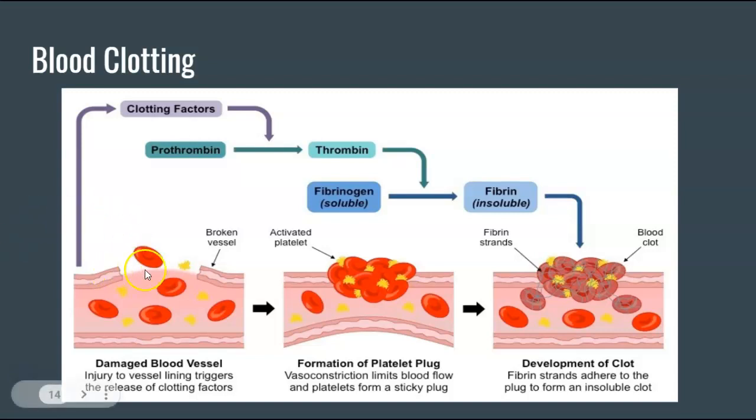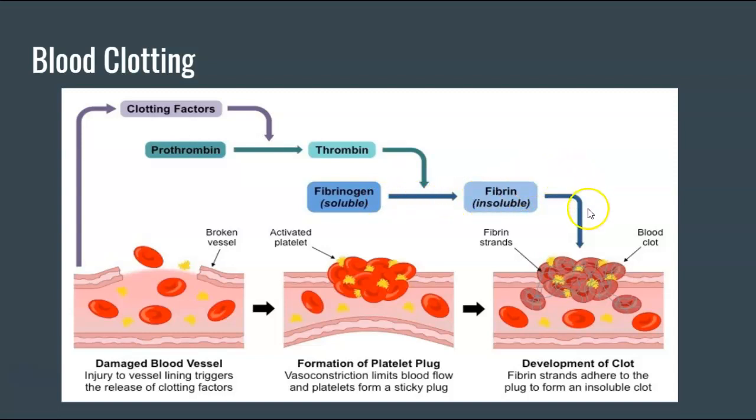When the actual vessel is broken, it triggers the release of what's called clotting factors. There's a lot of things that make up clotting factors. I don't need you to know that. I just need you to know clotting factors. And when clotting factors are triggered, that makes prothrombin turn into thrombin. And when prothrombin turns into thrombin, thrombin activates fibrinogen, which is soluble, and that turns it into fibrin, which is insoluble.